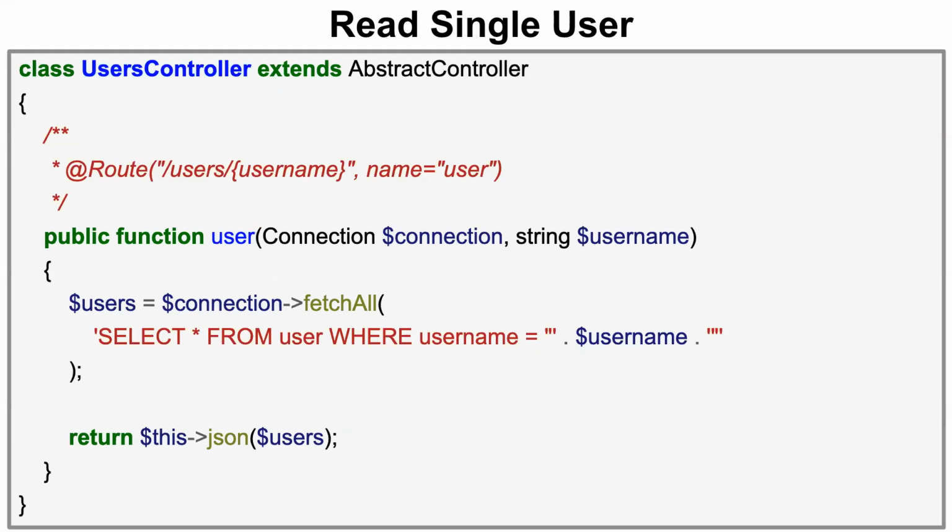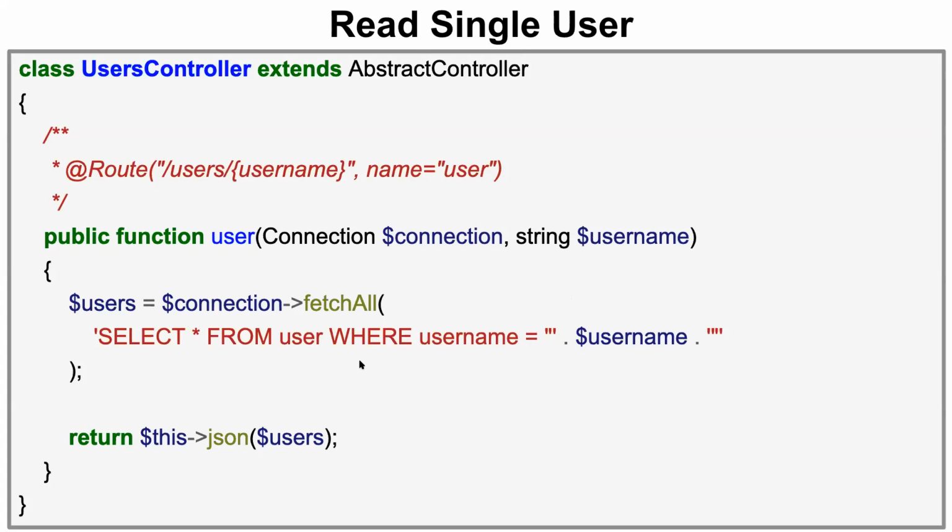And you'll see in the route definition, we define a parameter for the route named username. So when you execute this URL and you put in a username here, the value that's in the route parameter named username gets passed to the user action named username. And then we can take that string username and plug it into a query to give me basically one record where username equals the passed username.